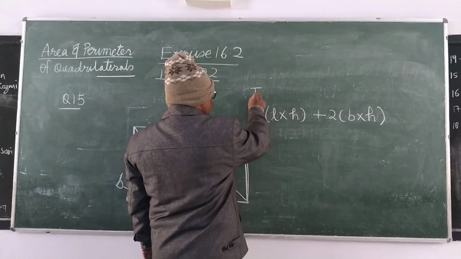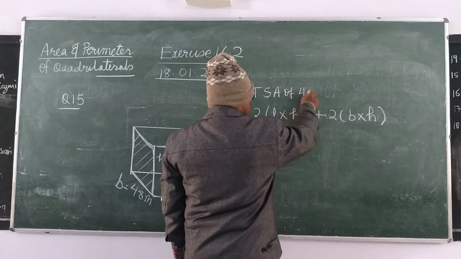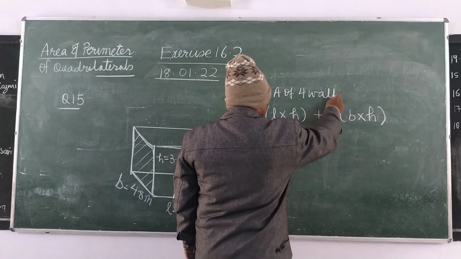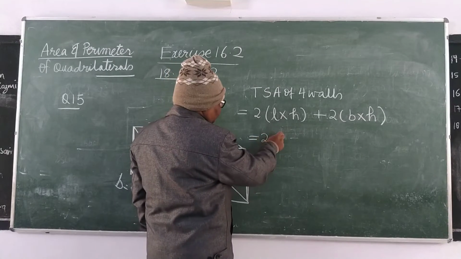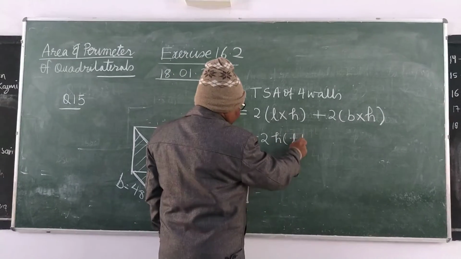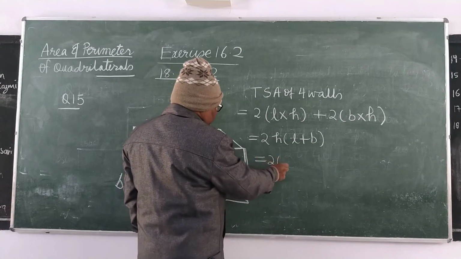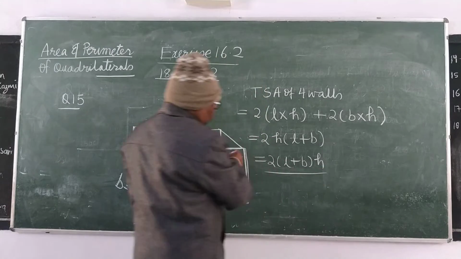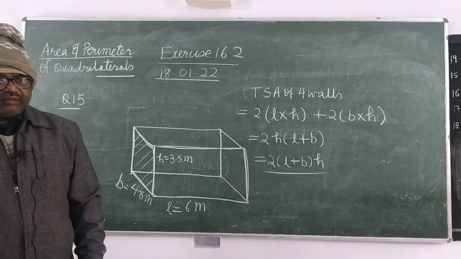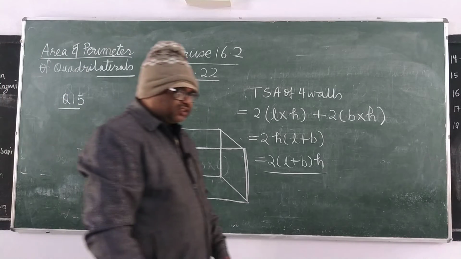So this is the total surface area of 4 walls. If you take 2H common, you will get L plus B, and this is a very popular formula, already studied in cuboid, 2(L plus B) into H. It is clear? Area of 4 walls you will get this way.